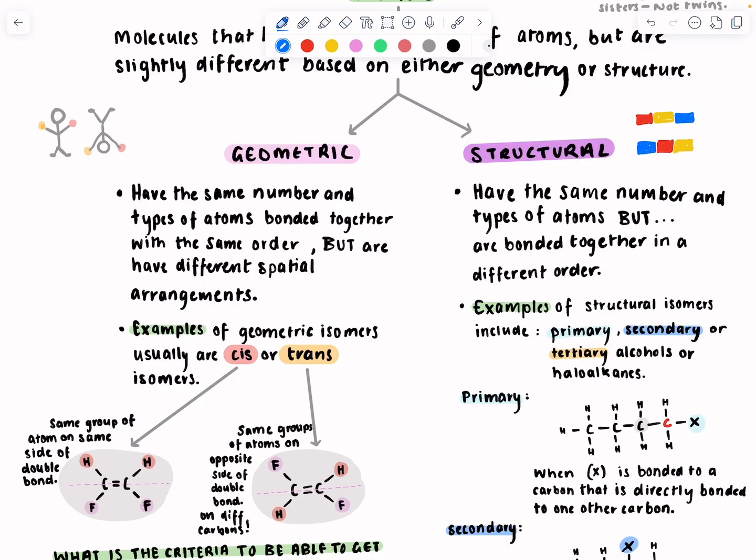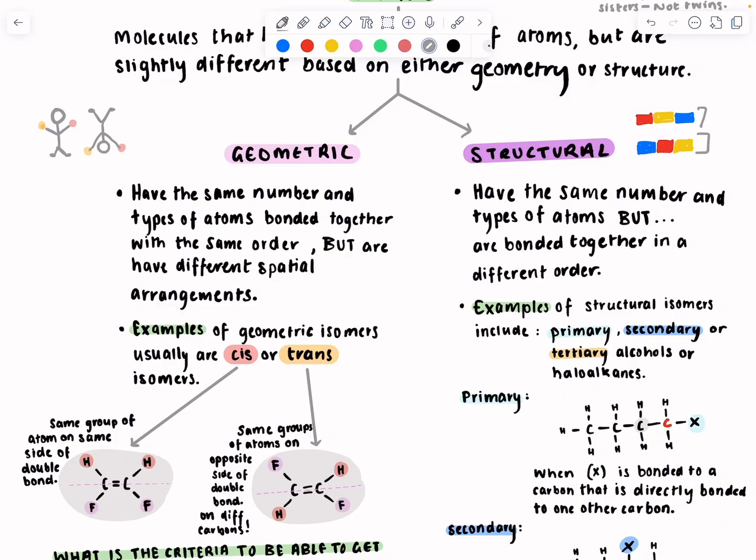And so this is an example of structural isomers because I can see that one wall over here has the same makeup. It has the same types of atoms or blocks that make up this wall as this one.